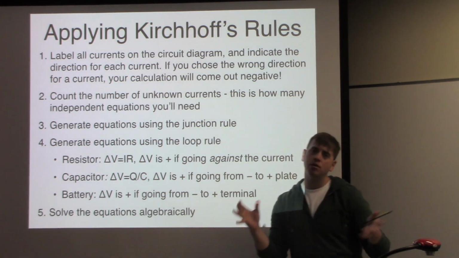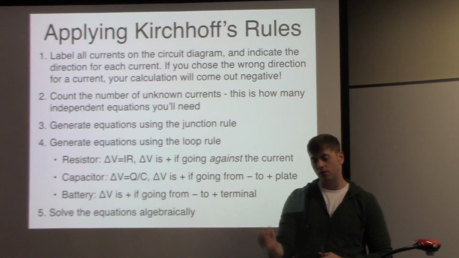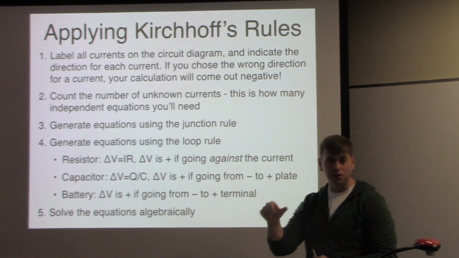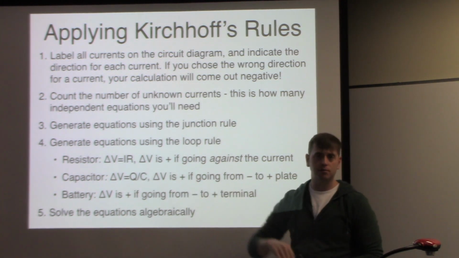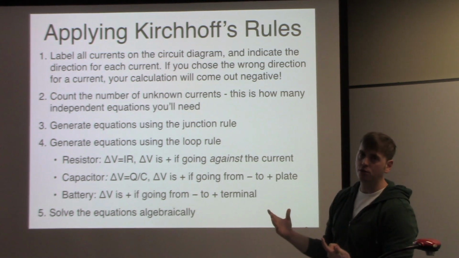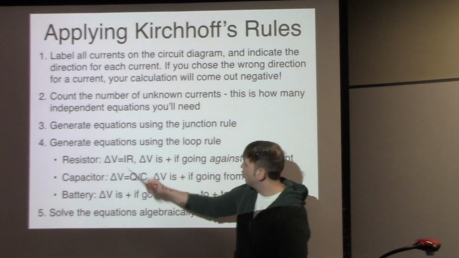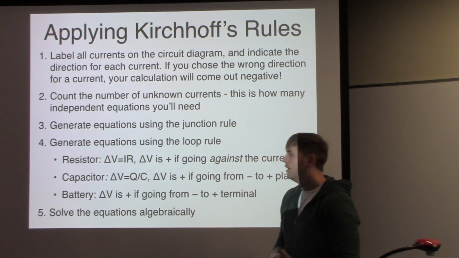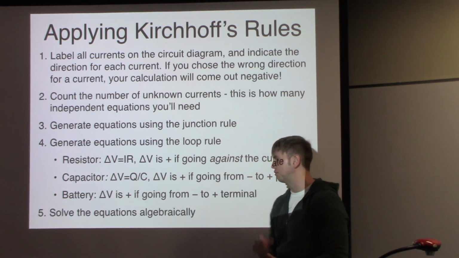So what we have to know and get really good at doing is calculating delta V, or the voltage across a particular element of the circuit, for resistors, capacitors, and batteries, because those are the circuit elements that we've seen so far. Just to remind you, if we're going across a resistor, delta V is given by Ohm's law. It's I times R, and we have to know if the sign is positive or negative. We have to really get this right.